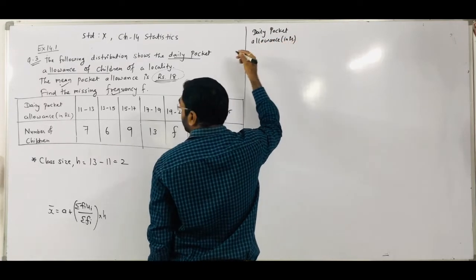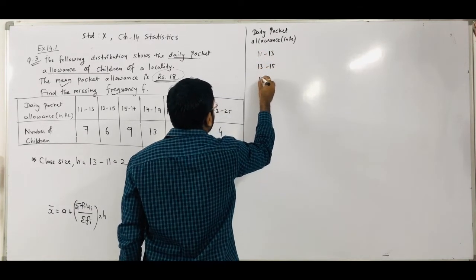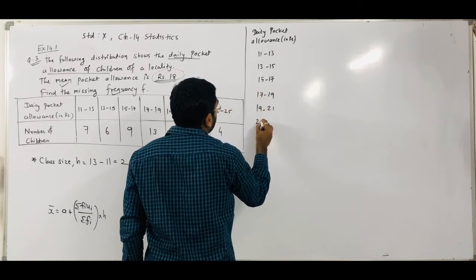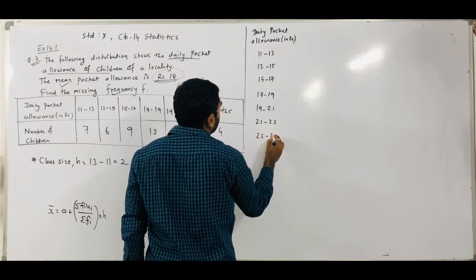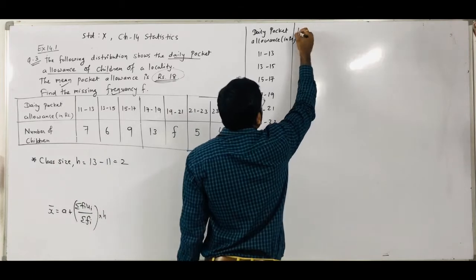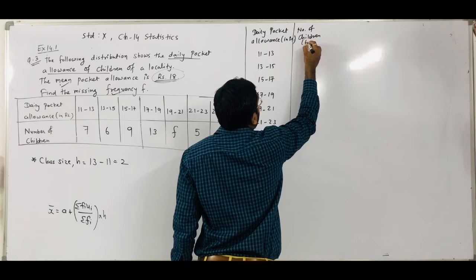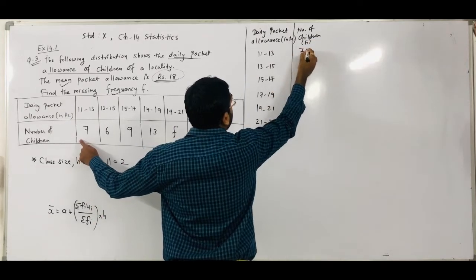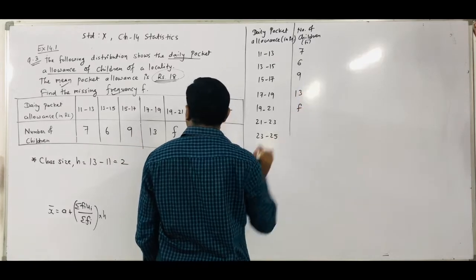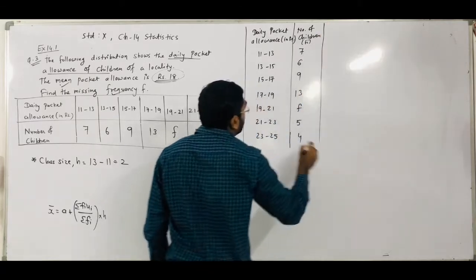We write the first class, 11 to 13, then 13 to 15, 15 to 17, 17 to 19, 19 to 21, 21 to 23, 23 to 25. Then the number of children, or the fi values, are given: 7, 6, 9, 13, f, 5 and 4.